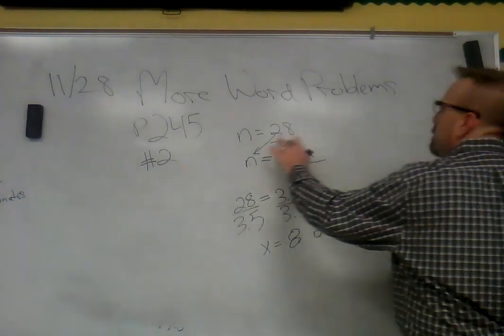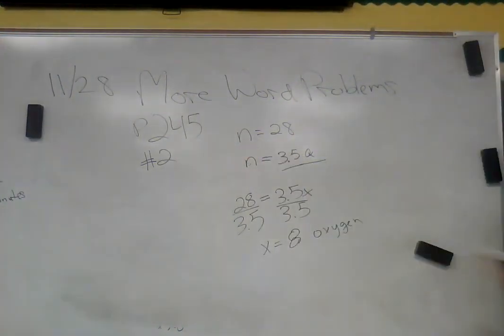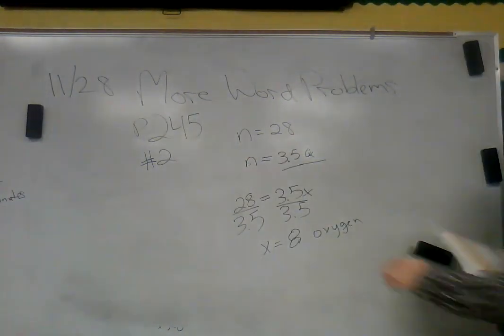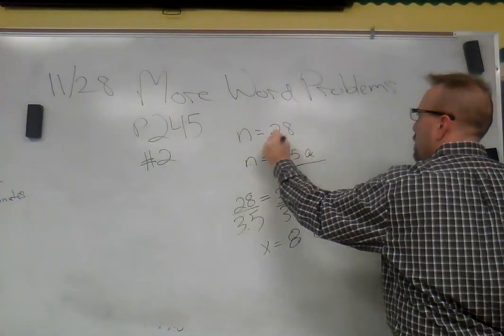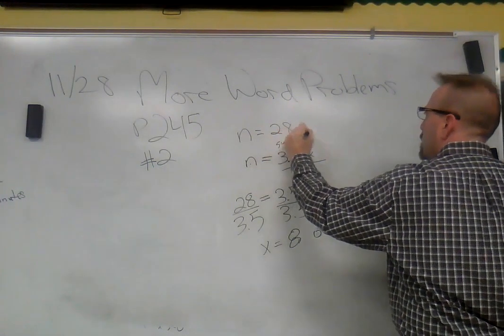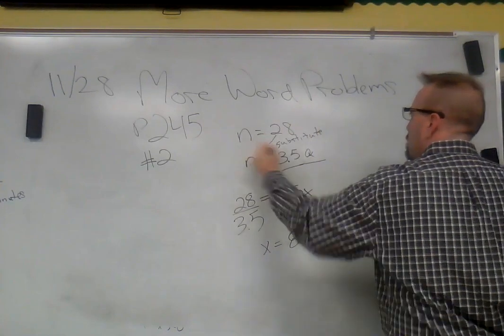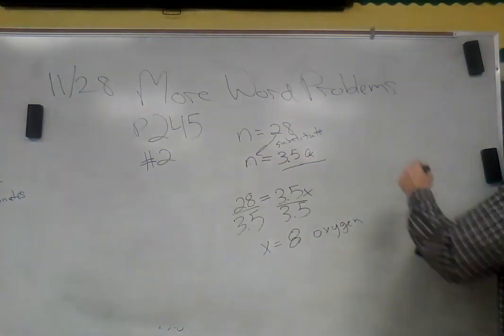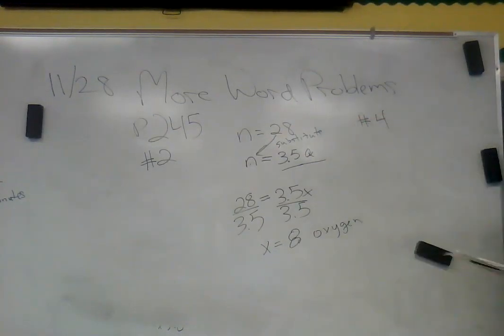So before you even try to set up equations, write down the bits and pieces you do know, and then we can combine it. Like we said, since this was N, and N was 28, we just substituted right there. So boom, right there.